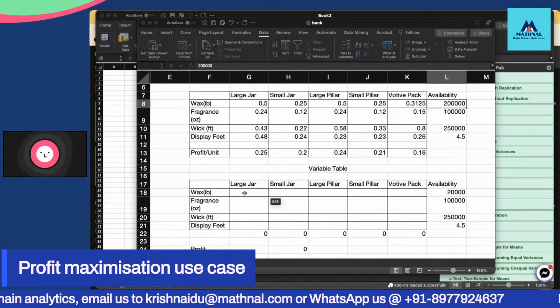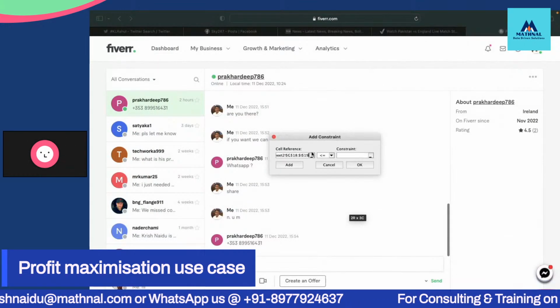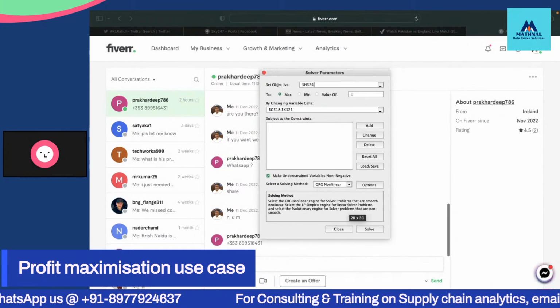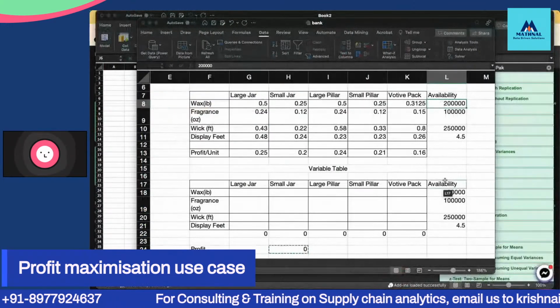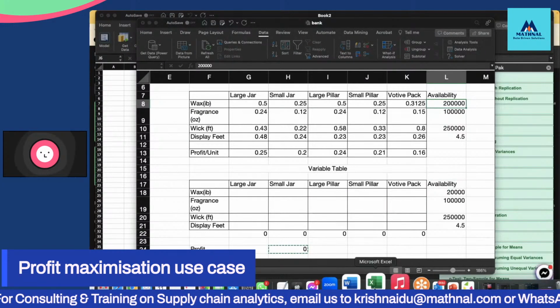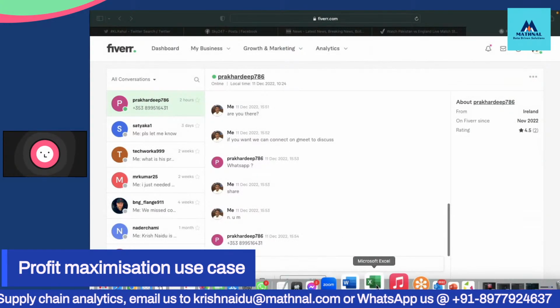The first constraint is the sum. I have to define this problem again, so I'll just close it and go back to Excel again.